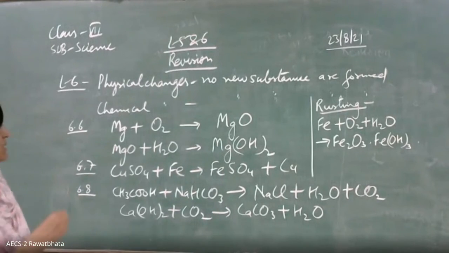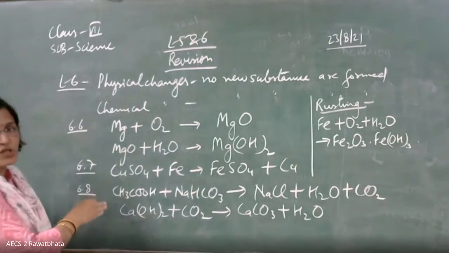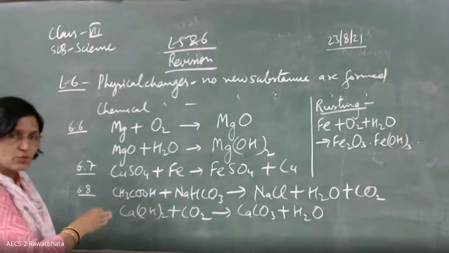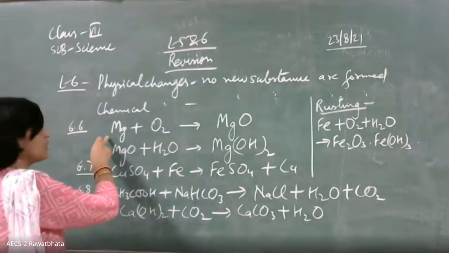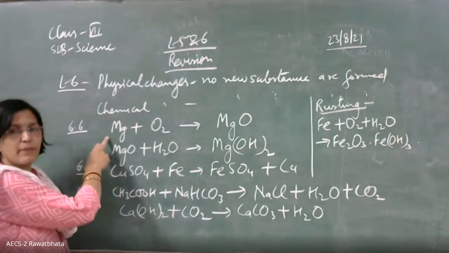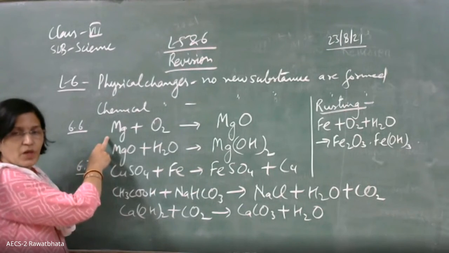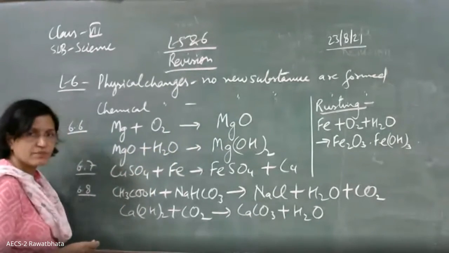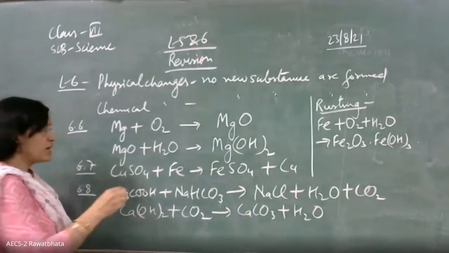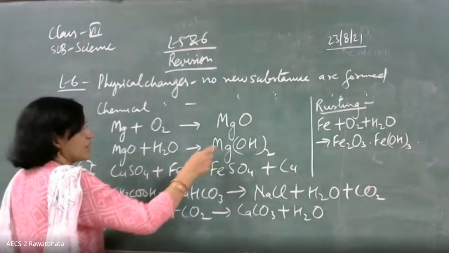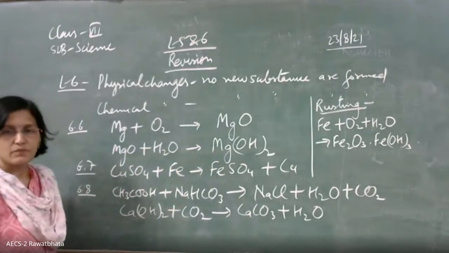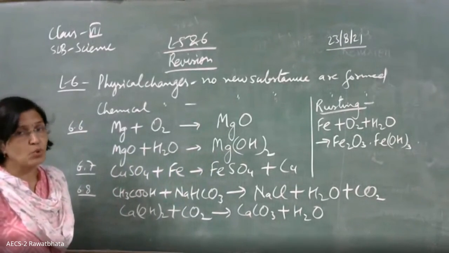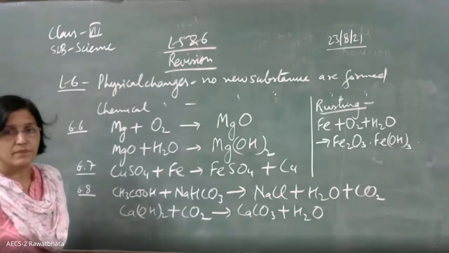And all these equations related with each and every activity are very easy to understand. In the first one, if you can recall, we were burning the magnesium ribbon. If you burn the magnesium ribbon, it forms magnesium oxide, that is the white ash. And you dissolve that white ash in water and you get magnesium hydroxide, which turns red litmus to blue because it is a base.